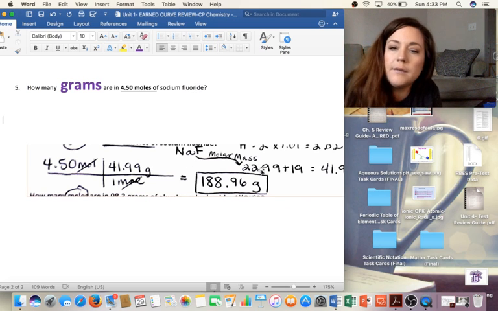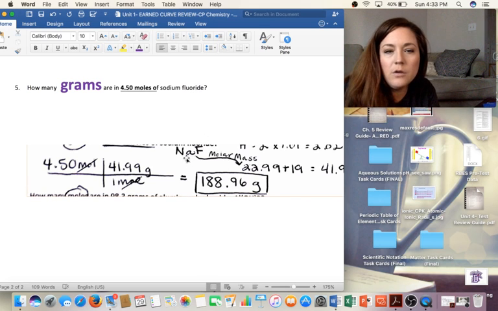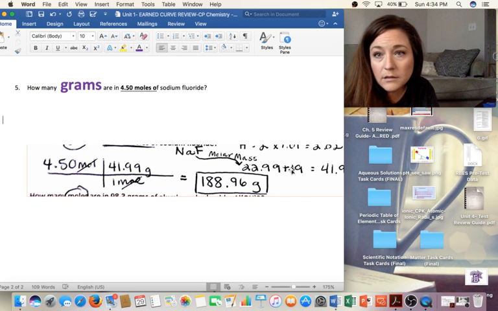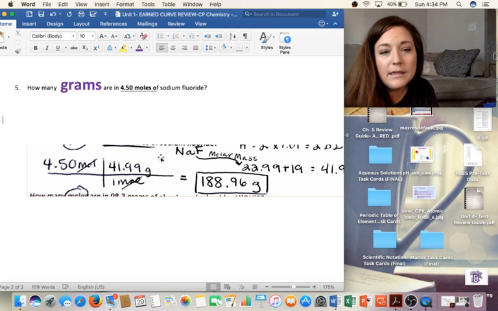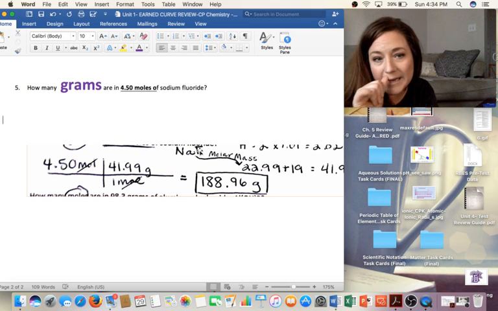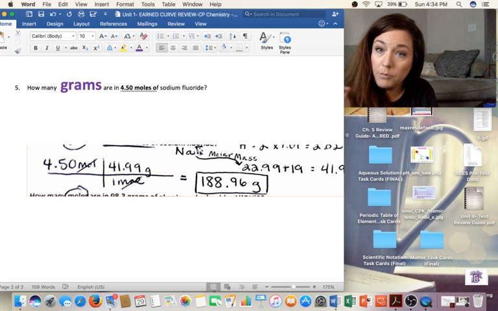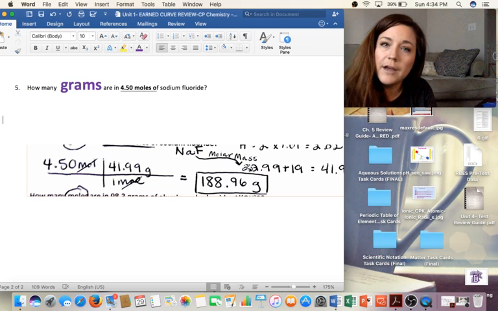So first, I took my sodium and my fluoride and added the AMUs from the periodic table. I took 22.99 plus 19, giving me 41.99 grams per mole. So that was the first thing I did. I found my molar mass of sodium fluoride.